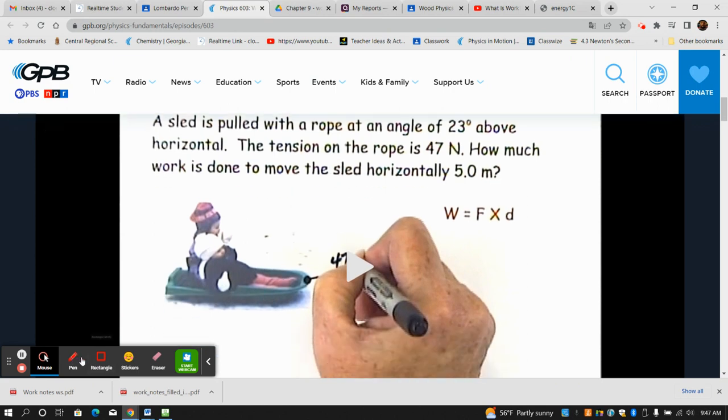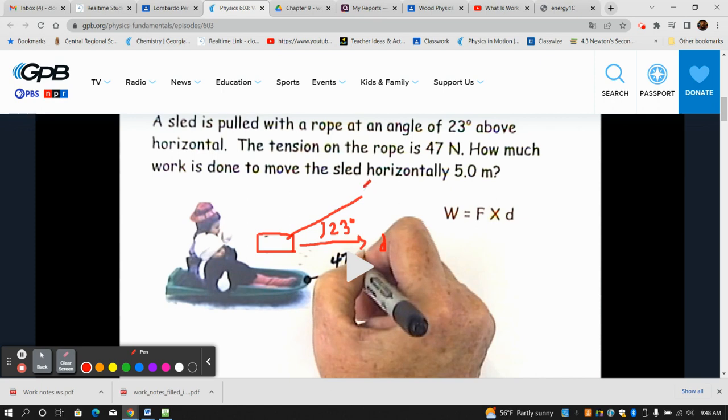In this case, if this is our box for the person, they're going to move in this direction, but you're applying a force at an angle of 23 degrees.